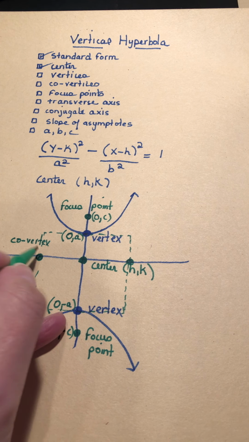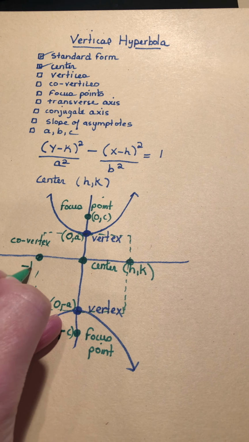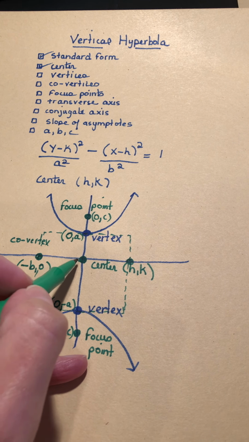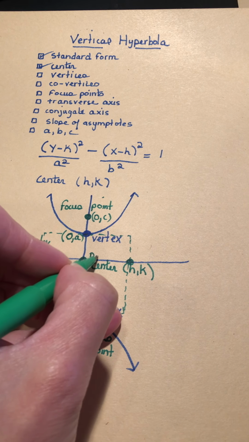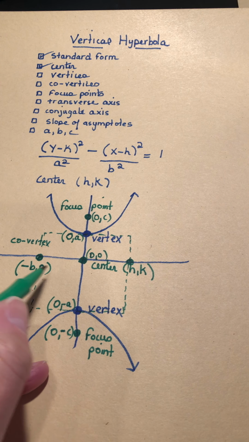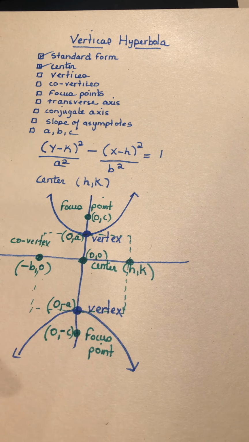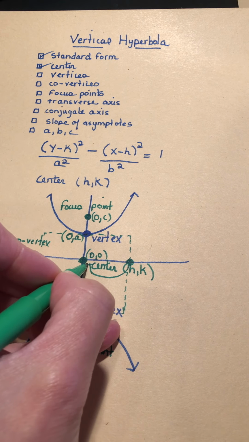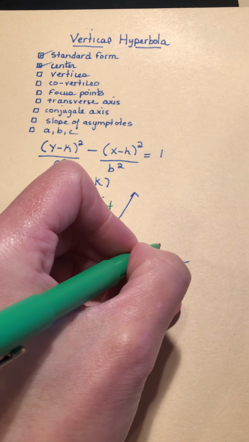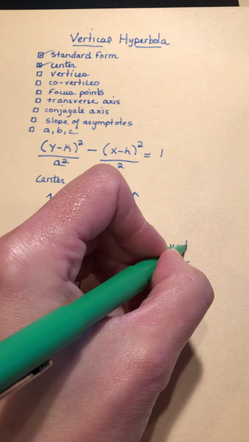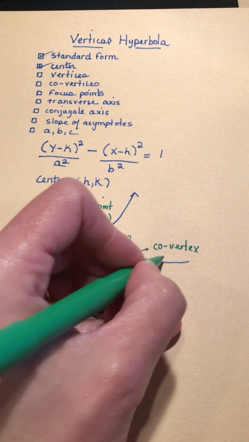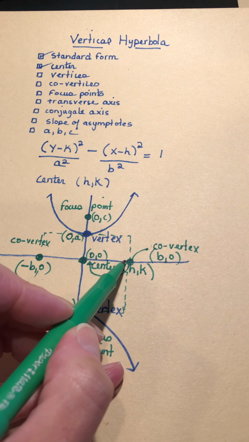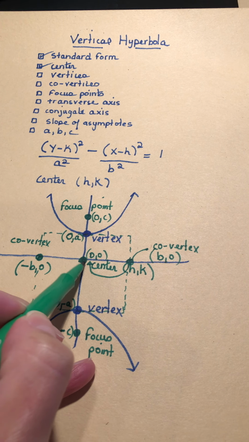And you could probably guess this is called negative B, 0. I'm just assuming the center is 0, 0, by the way, just for the sake of argument and to make things easy for now, okay? And then here, this is another co-vertex. And this is the point B, 0. So sorry about that. That HK means this point here, it's the center.